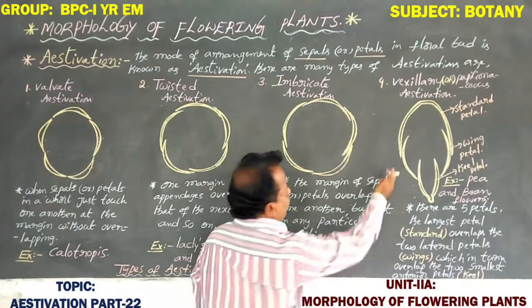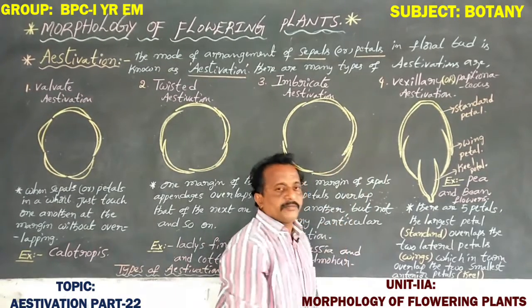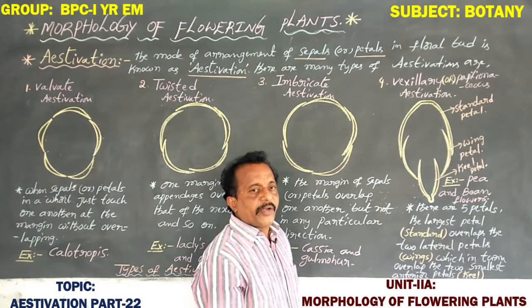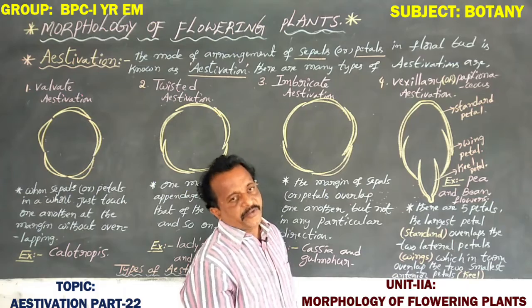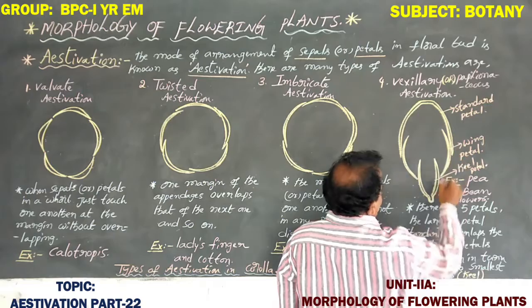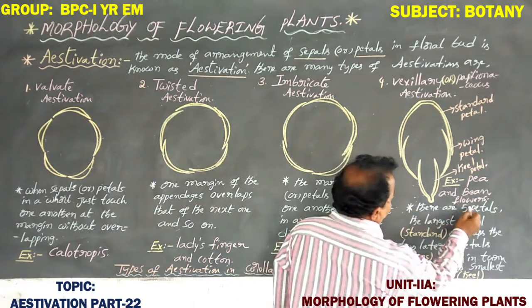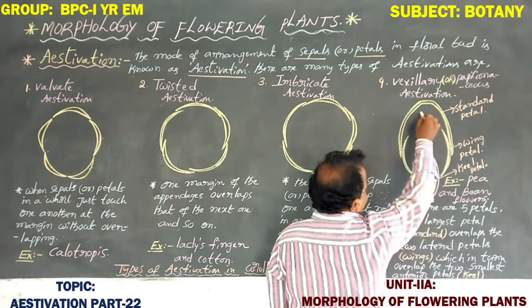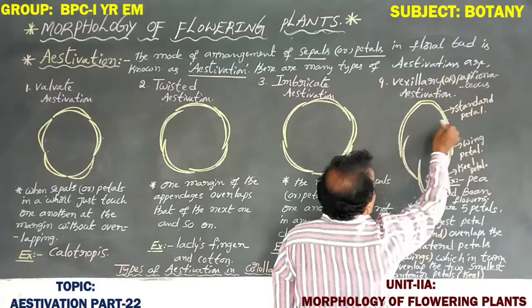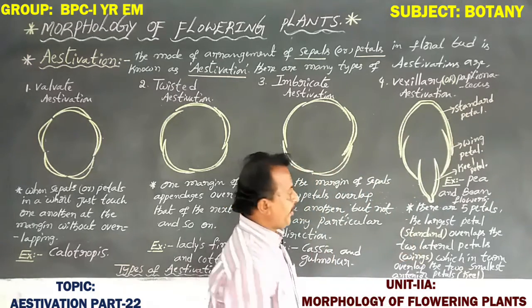So this diagram differs from the first, second and third estivation. Totally different, but the petals are 5. The arrangement differs. So these are 5 petals. One is the largest petal, known as the standard petal.